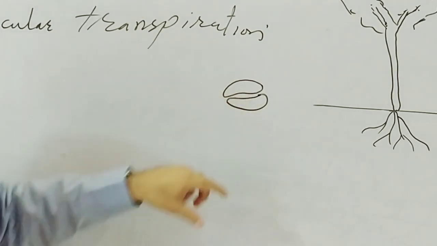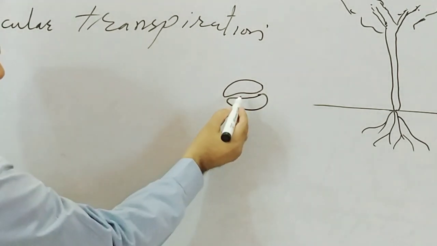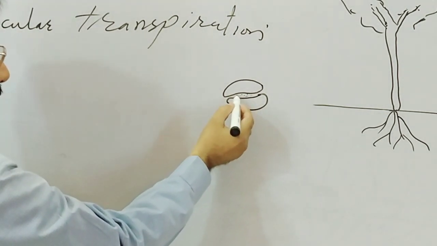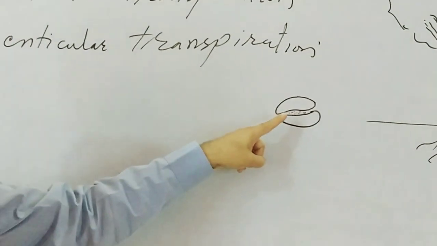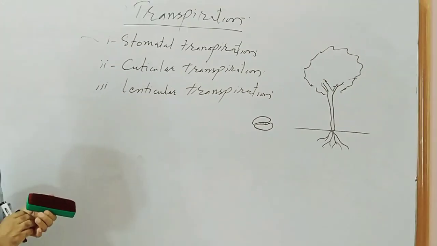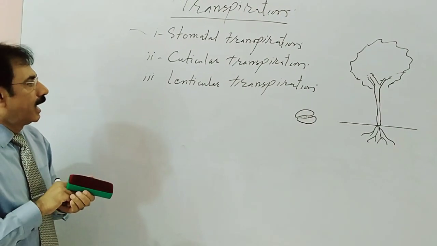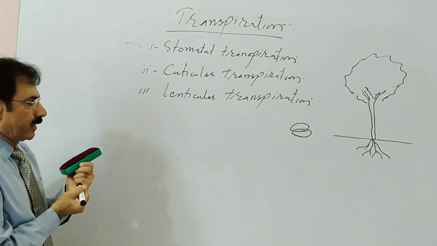The stomata pores allow the water vapors to move out of the plant body. The evaporation of water through stomata pores is called stomatal transpiration.